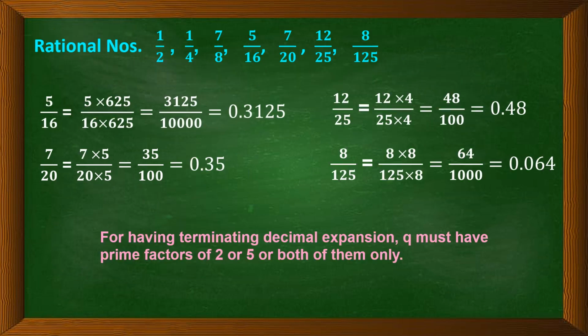Let us move to further. 5 by 16. 5 by 16, if we multiply by 625, we will get 3125 divided by 10,000. Since there are four zeros, we will have decimal point after the four places. So 0.3125.